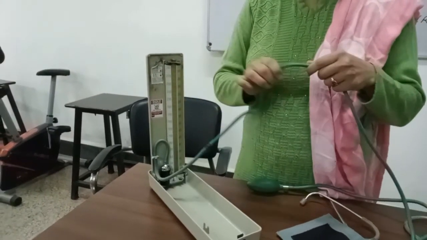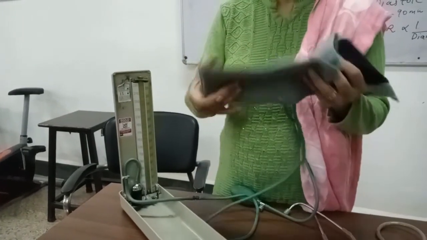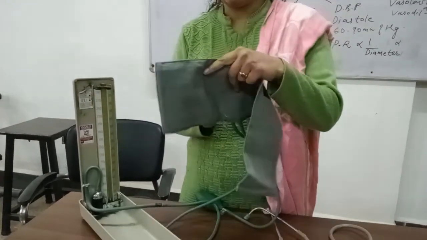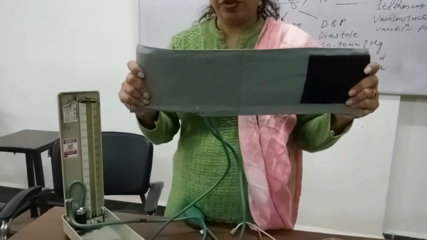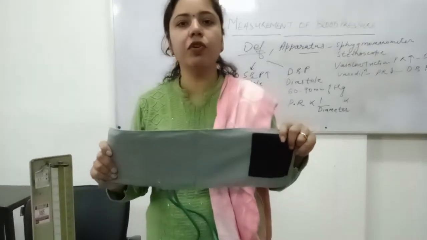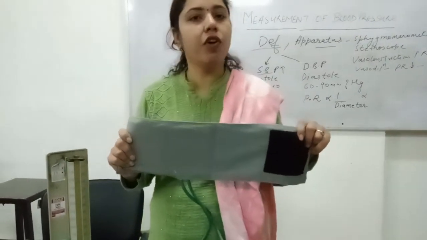The mercury manometer is connected through a long rubber tube to a Riva-Rocci cuff. This Riva-Rocci cuff consists of an elastic band placed in a non-distensible cloth. The ideal dimension is 25 by 12.5 centimeters, which can vary in children and in obese people.